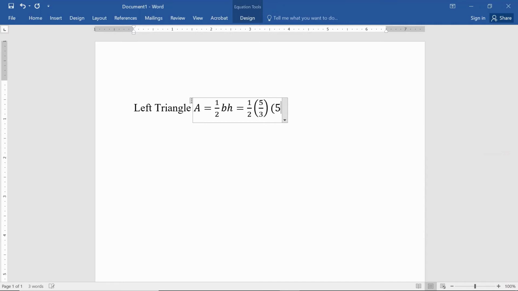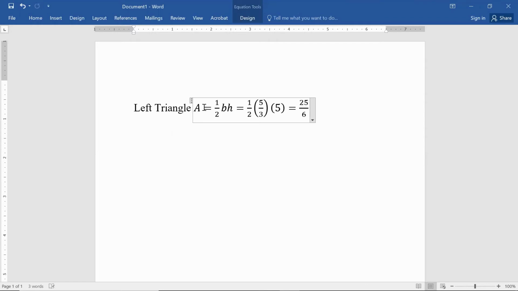And we said the height was 5. So 1/2 times 5/3 times 5 gives me 25/6. I'm just going to write it as an improper fraction right now.